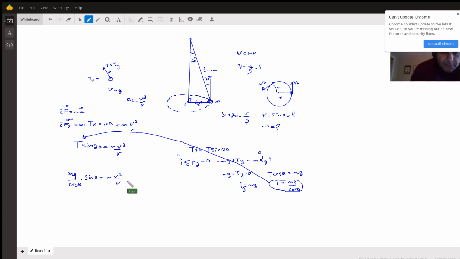Do you see what's going on here? We just plugged in the value of T that we got from the sum of the forces in the y direction into here to simplify this.